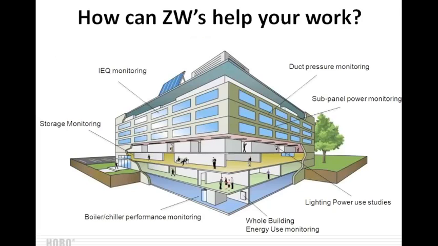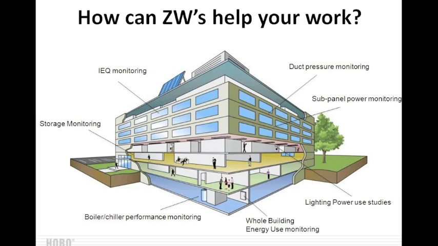So I wanted to start off by describing a few examples of the way customers have implemented these solutions in their buildings today. A very common application is storage monitoring, where you have food or process controls that you want to make sure are kept at a certain temperature or relative humidity. This is a great application for the ZW nodes.